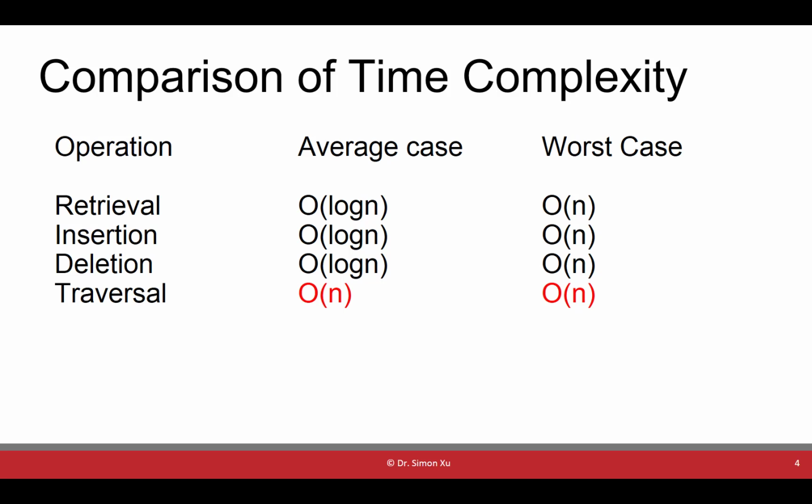The worst case, if the tree is unbalanced, the time complexity will be big O of n. N is the number of nodes in the tree. For traversal, you have to visit every node, so the time complexity will be big O of n. N is the number of nodes.